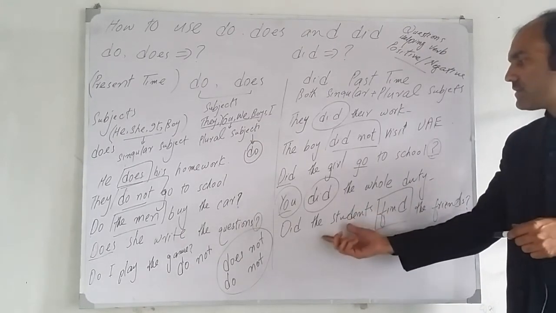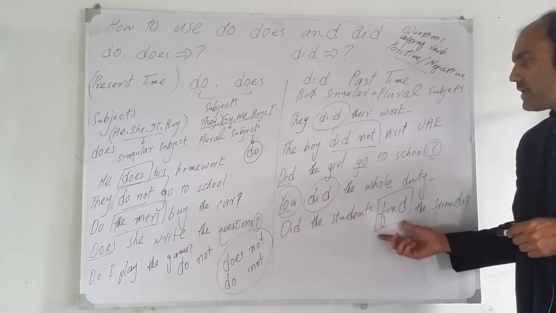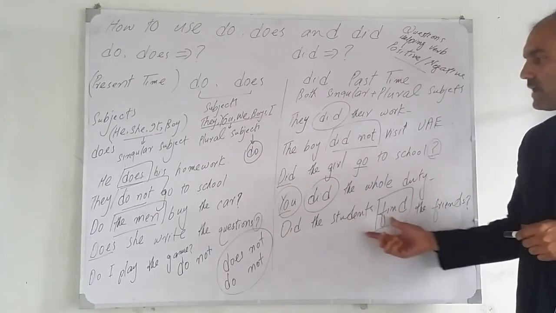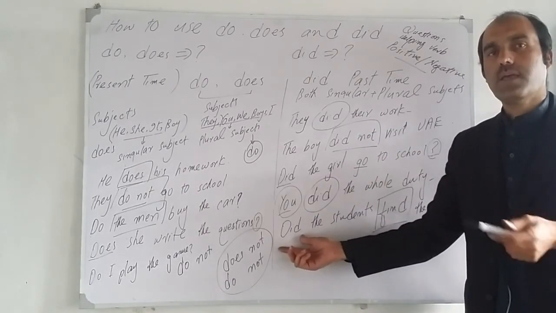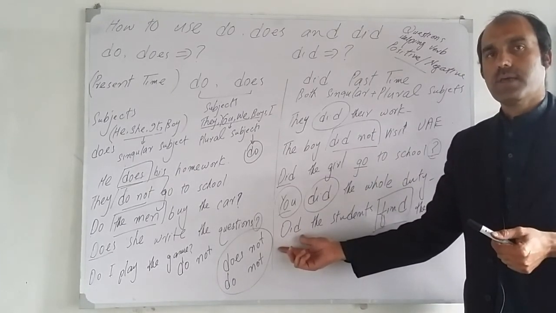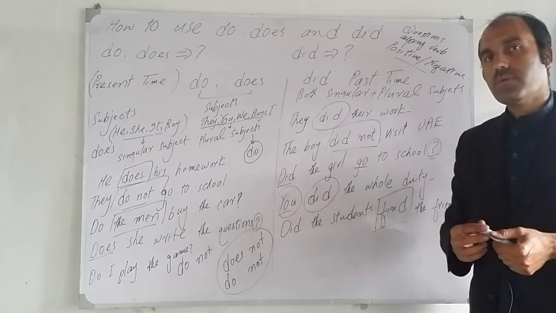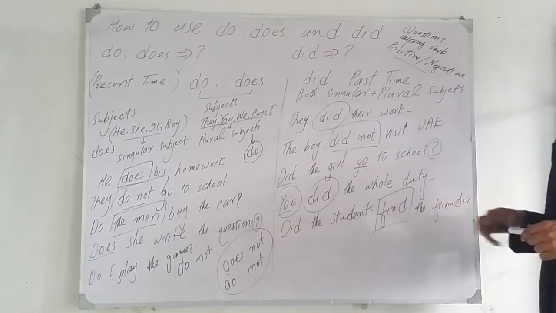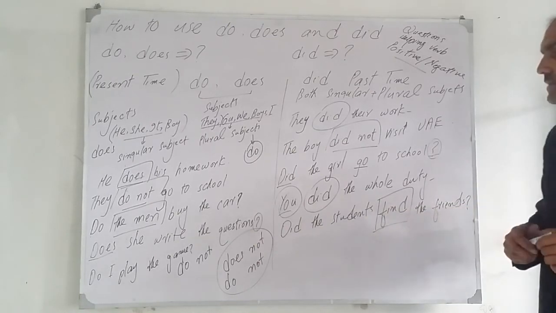The subject of this sentence is the students, and after this we have the main verb find. What about did? This is the helping verb of the sentence, and it is used here as a word which makes the whole sentence interrogative. Did the students find the friends? So this sentence is an interrogative sentence.